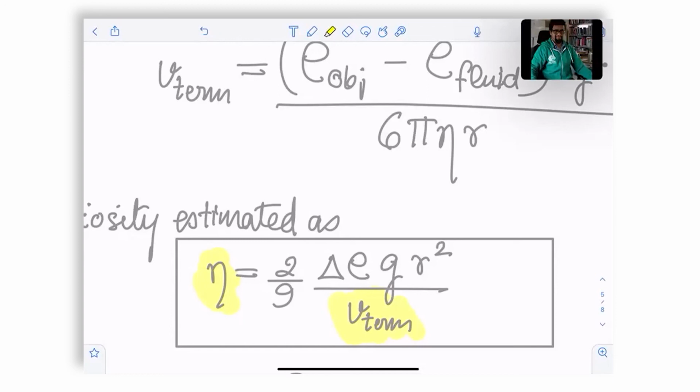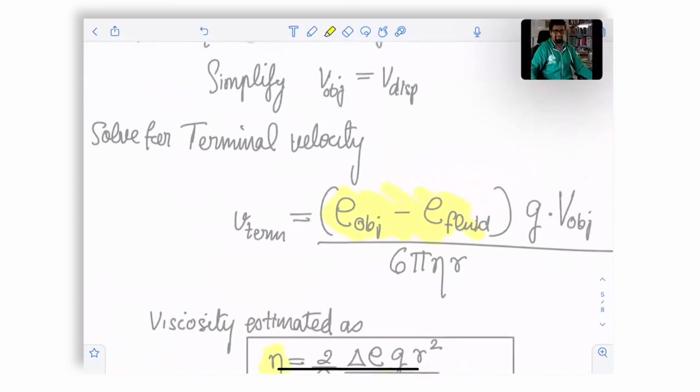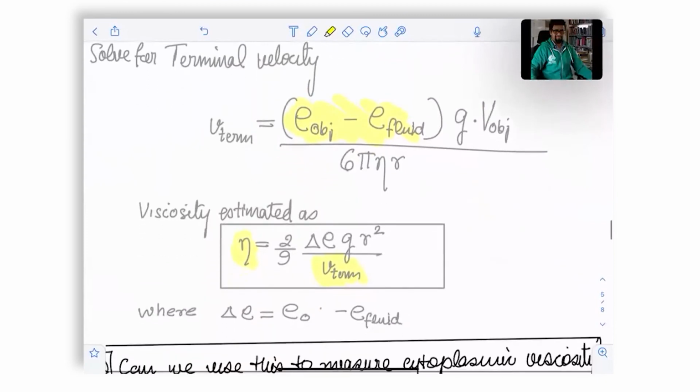For a larger ball, a larger ball will have a higher terminal velocity, quadratically. And delta rho is object density minus fluid density. That is the definition of delta rho. So if the difference is greater, the velocity is greater.